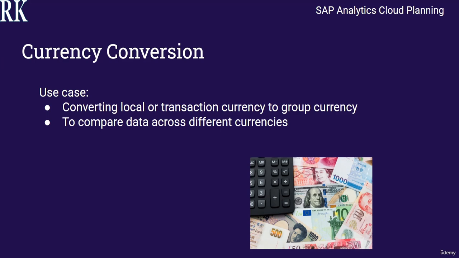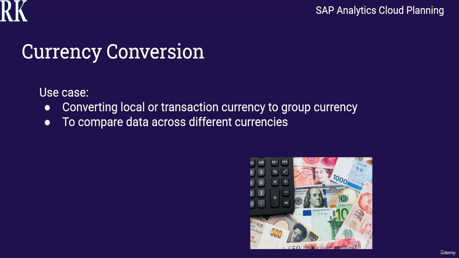US dollars. So for example, in our scenario, we have got the Australian dollars. Some cost centers are spending Australian dollars, and we also have, in our cost center hierarchy, the New Zealand cost centers where the local currency is New Zealand dollars. If we want to compare these two currencies, it doesn't make any sense.